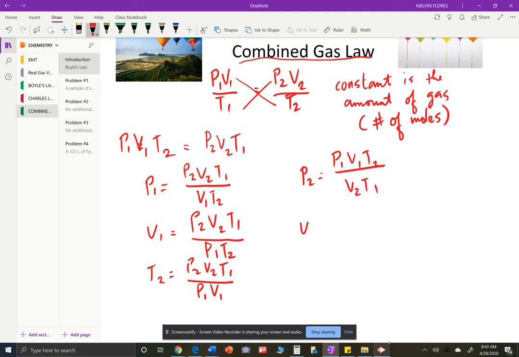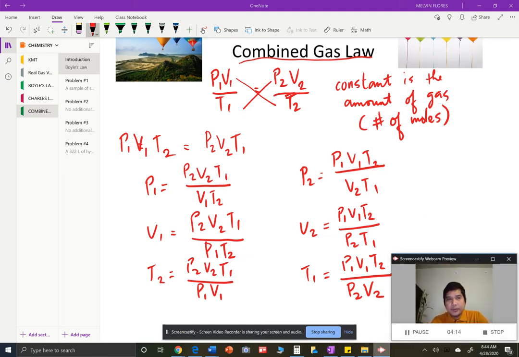If you're looking for volume 2 or final volume, that's P1 times V1 times T2 divided by P2 and T1. And if you're looking for T1, that's going to be P1 V1 times T2 divided by P2 and V2. So these are the different formulas that you're going to use when looking for each of these unknown variables.